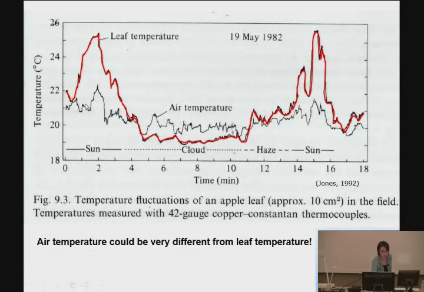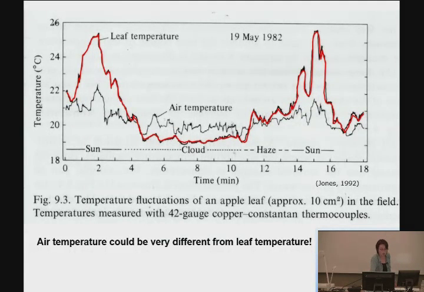Leaf temperature, on the other hand, fluctuates really largely compared to air temperature. Under sunny sky conditions, air temperature was about 21 degrees C, but look at the leaf temperature, which is reaching or exceeding 25 degrees C, 4 degrees greater than air temperature.